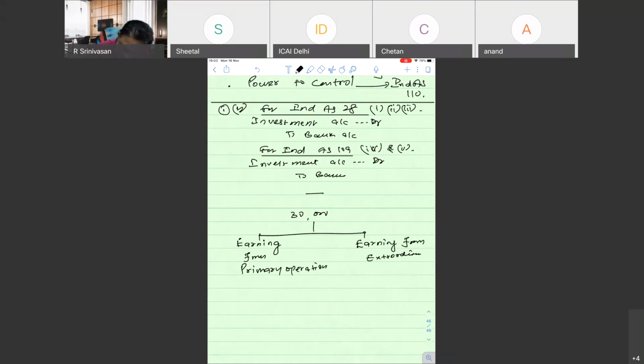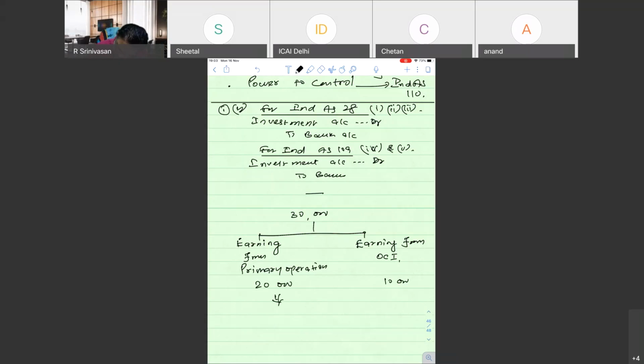So this extraordinary item, the name is changed now, it is other comprehensive income, OCI. In this you will be getting, here it is 20,000, here it is 10,000.